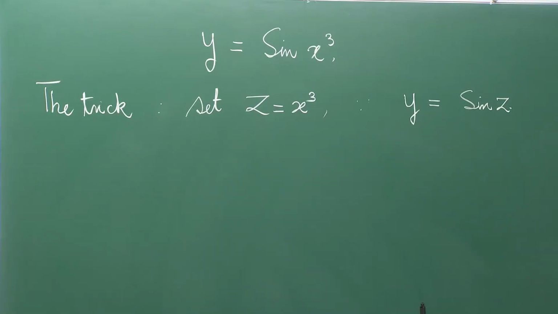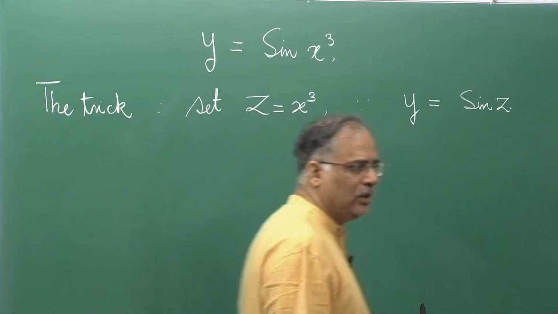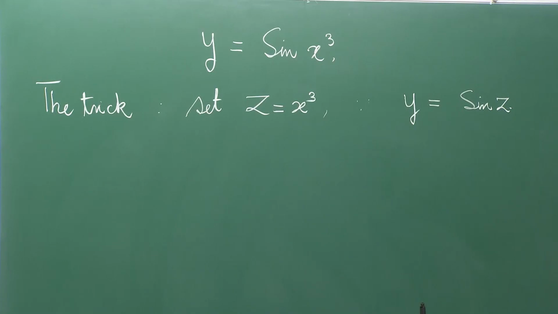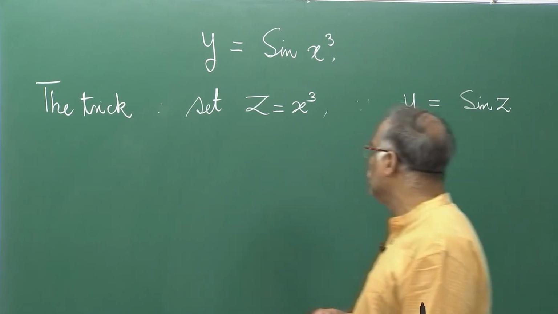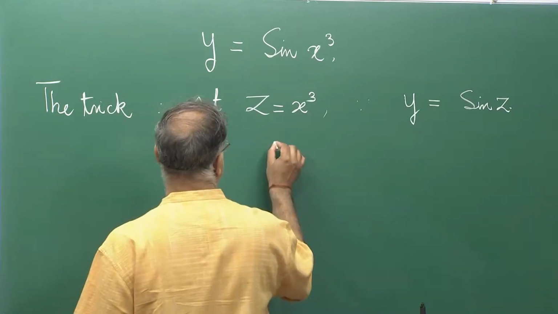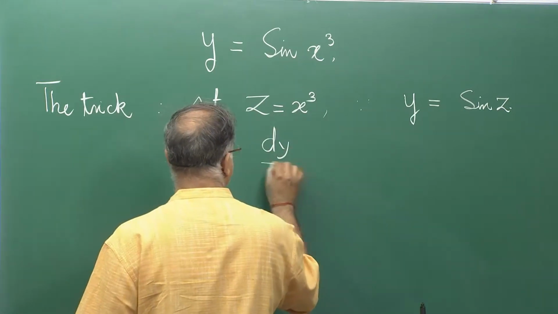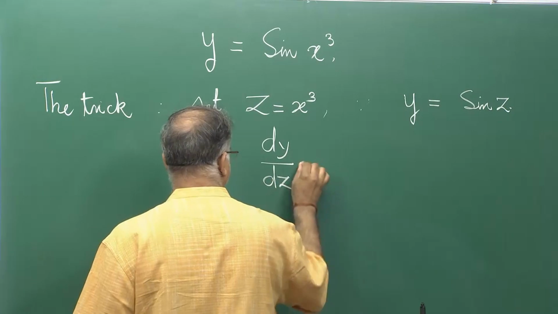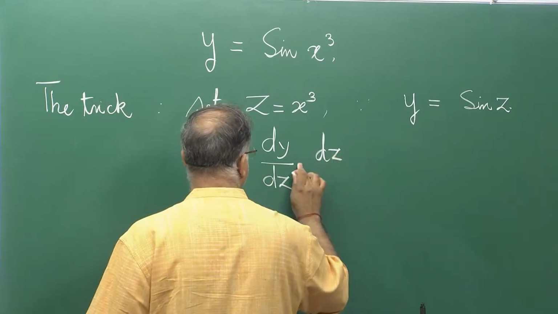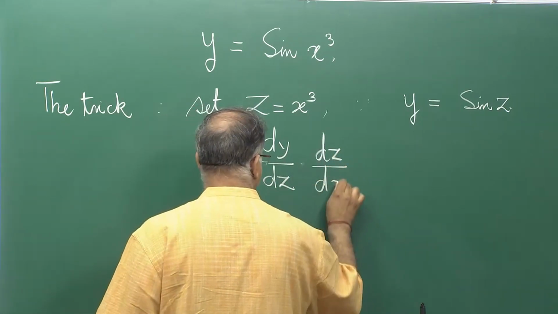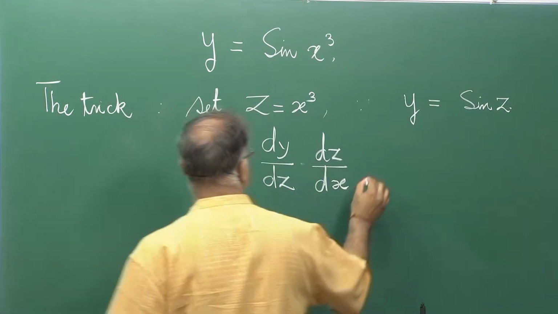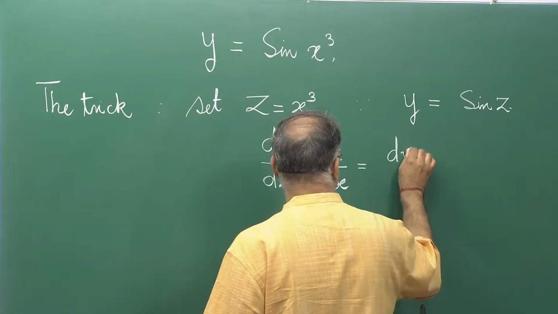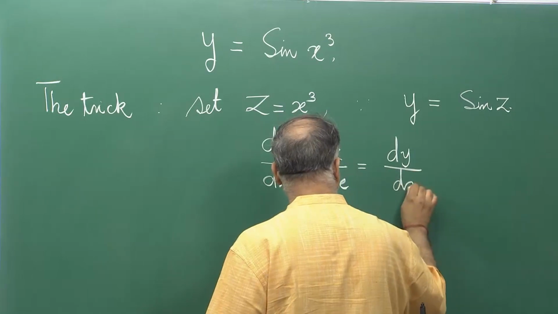This is something known to you from the rules of differentiation that we have learned in calculus of one variable. So, what do we do? We first take the derivative of y with respect to z and multiply it with the derivative of z with respect to x, and that gives me the derivative of y with respect to x.